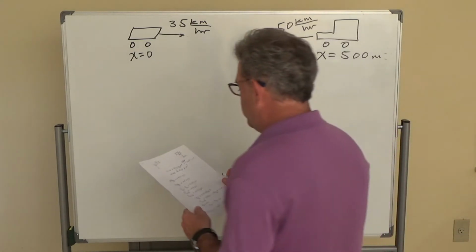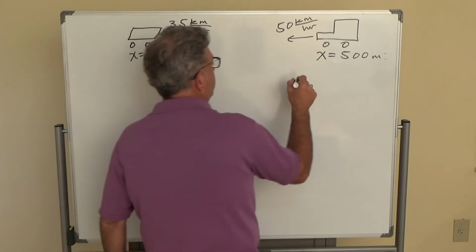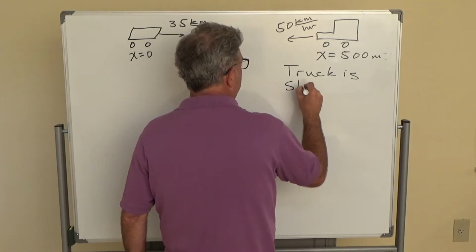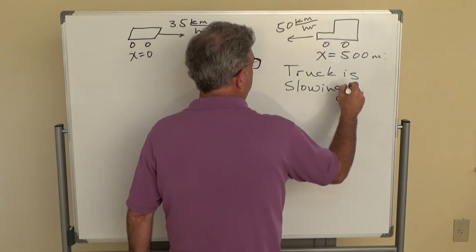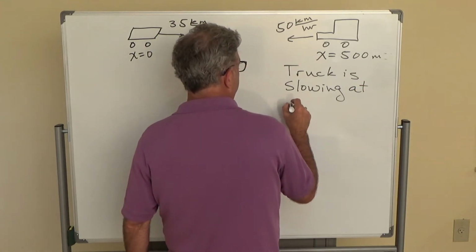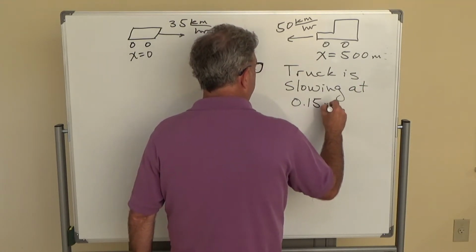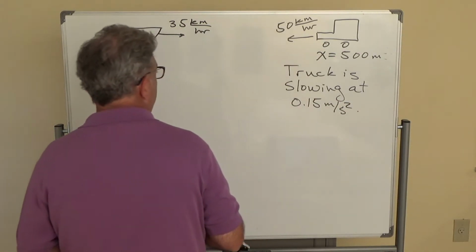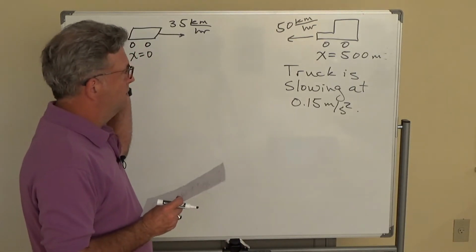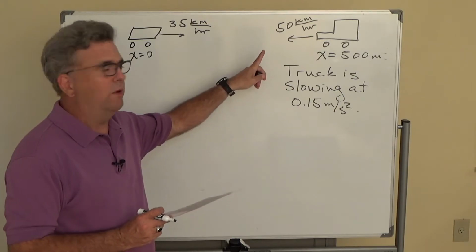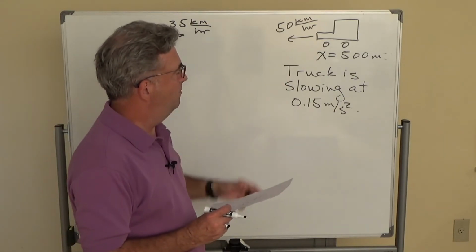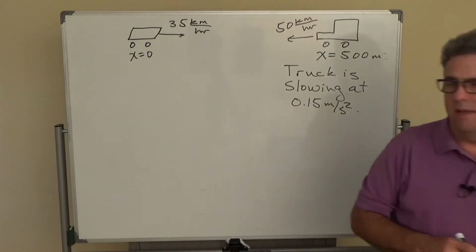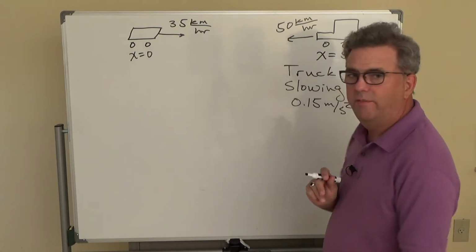Let's say that the truck is slowing down at something reasonable, 0.15 meters per second squared. This car is just traveling at 35 kilometers per hour. The truck is traveling at 50 kilometers per hour in the negative direction. And it starts slowing down right here at 500 meters.